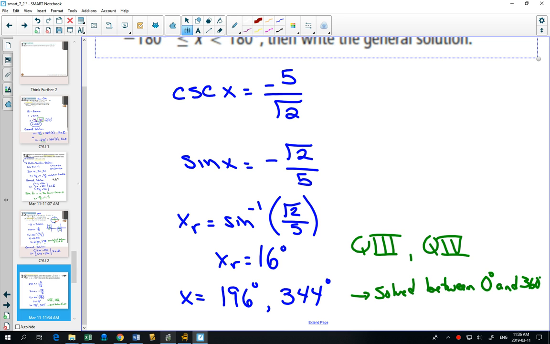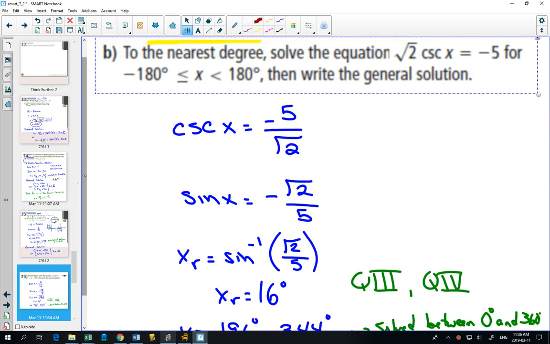Again, I first solved between 0 and 360 degrees. And now I cross my fingers and hope that was the domain they asked for. Oh. They asked for between negative 180 and 180.